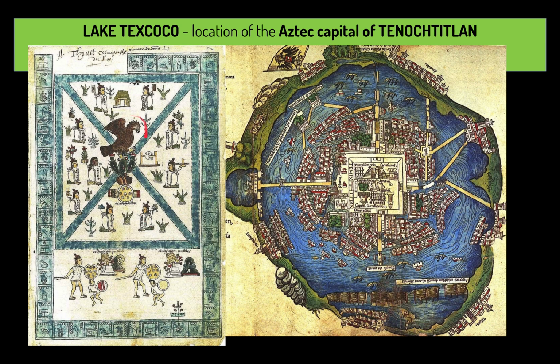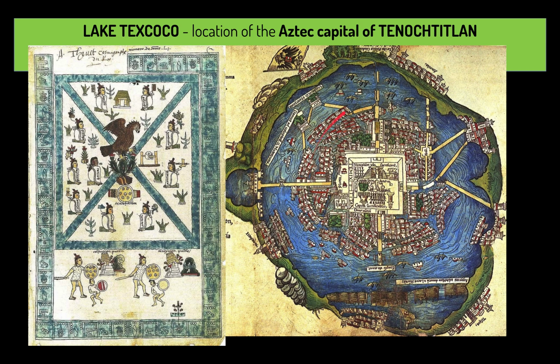When we see this eagle perched on top of the prickly pear, we can notice that he's sitting on top of a square that's broken down into quadrants with like an X. Well, guys, the capital city of the Aztec, the people that this book is documenting, was founded on a city called Tenochtitlan. The original wandering Aztec people were told to look for that symbol, and when they found it, it was in the middle of a lake called Lake Texcoco.